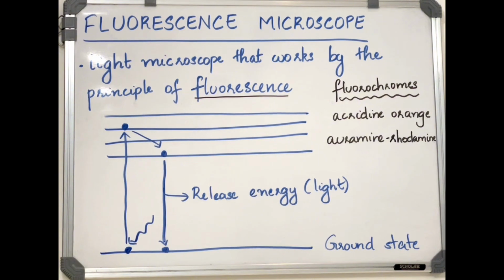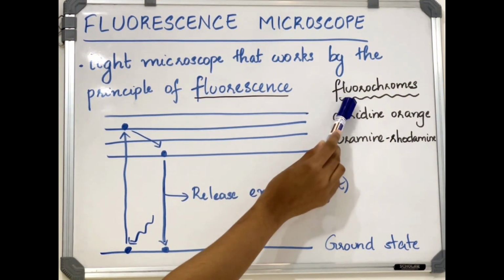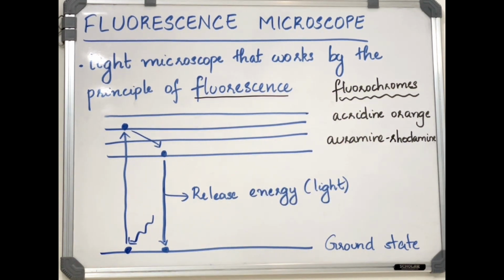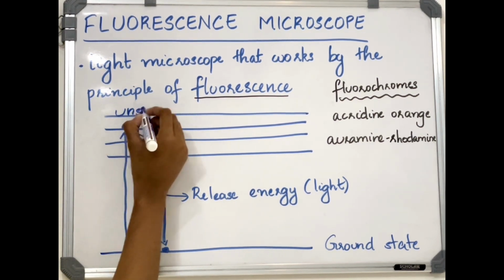When these fluorochromes absorb light, they get excited and the molecules move to a high energy state. Here you can see an electron in an atom. The electron is in the ground state, which is the most stable state. When the electron absorbs light, it gets excited and moves to a high energy state, but this high energy state is very unstable.